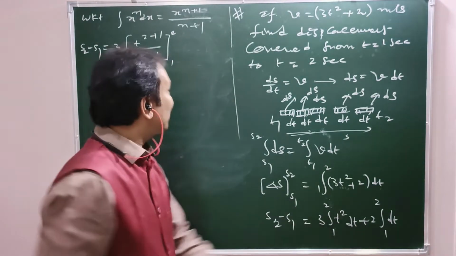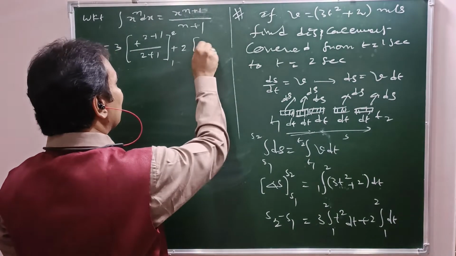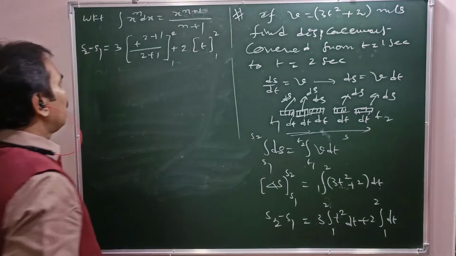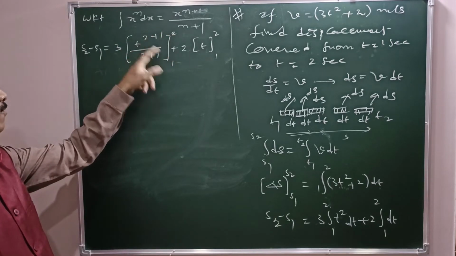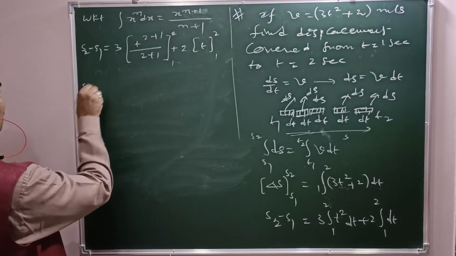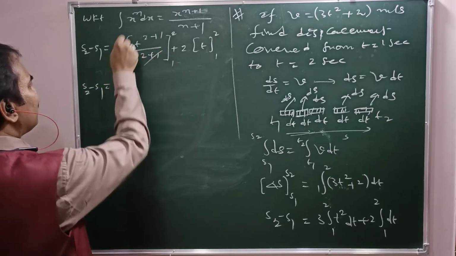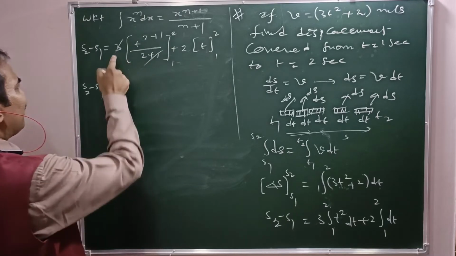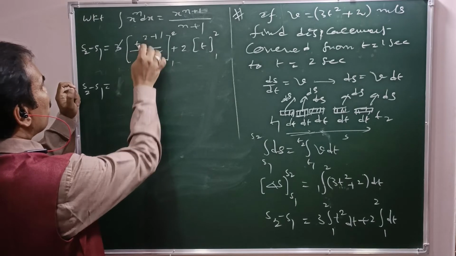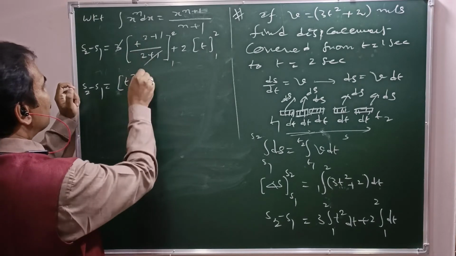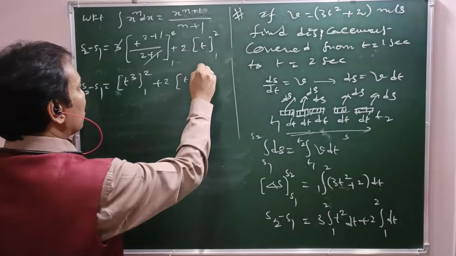Coming to the second term, that is plus 2 into integral dt means t, limits 1 to 2. Now replace t by writing the upper limit one time and the lower limit one more time. That is S2 minus S1 equal to 3 by 3, since 2 plus 1 means 3. The 3 cancels, so we are left with 1 into t cube, limits 1 to 2, plus 2 into t, limits 1 to 2.